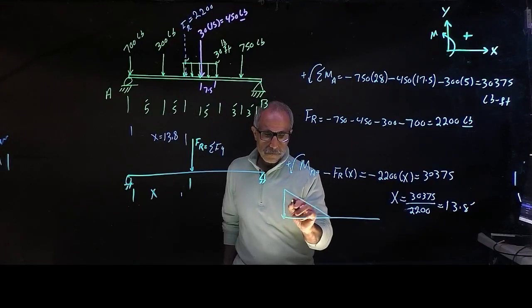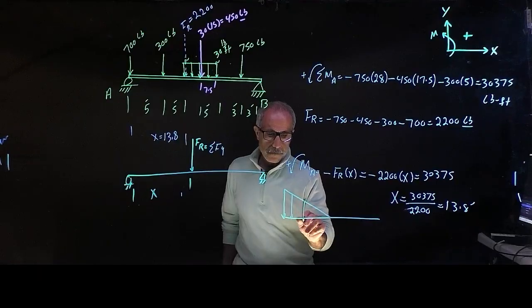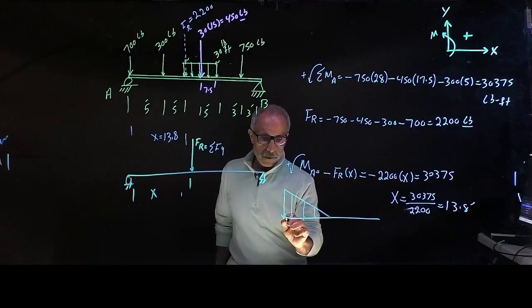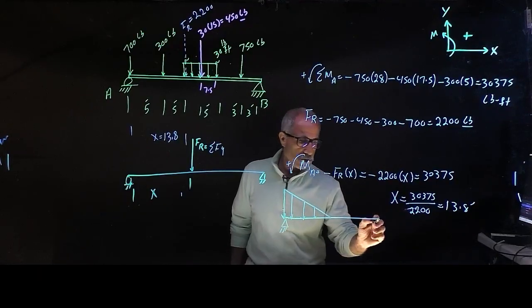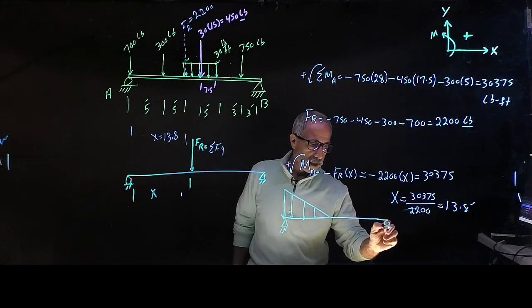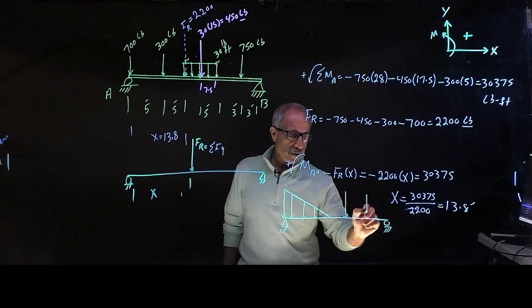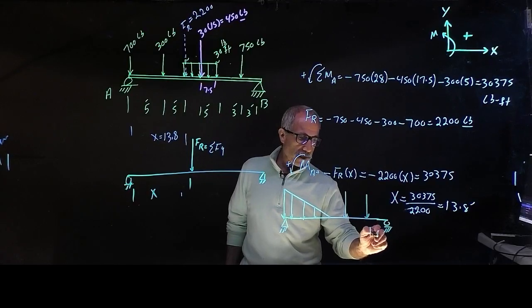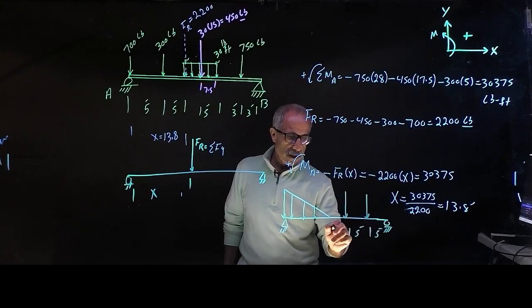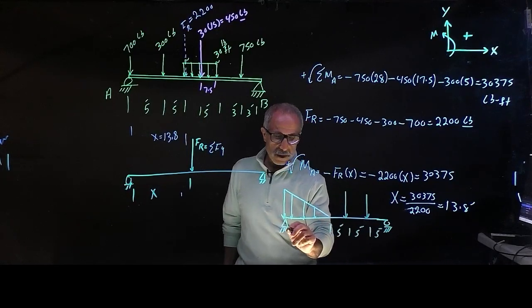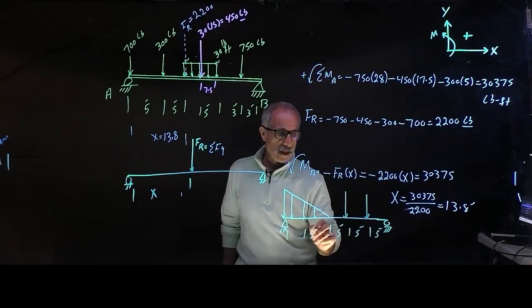Make this a triangle, pin shared down there, and make this a pin. So we're going to have another force right here, and another force right here. Let's make this 5 feet, 5 feet, 5 feet, and make this 15 feet to make it easy.